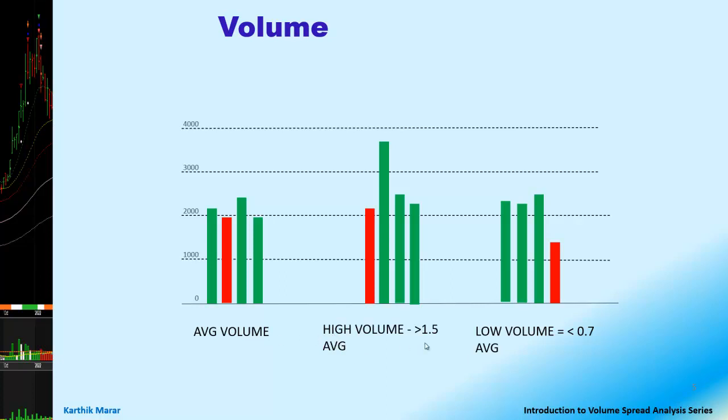If the current bar is 1.5 times the average volume, then we will call it high volume. Similarly, if the current volume is less than 0.7 times the average volume, we will call it low volume.